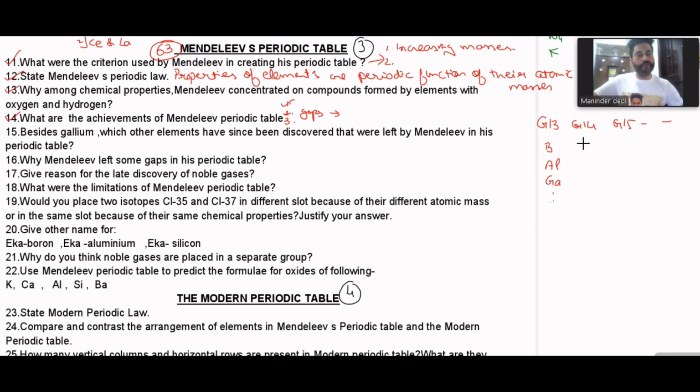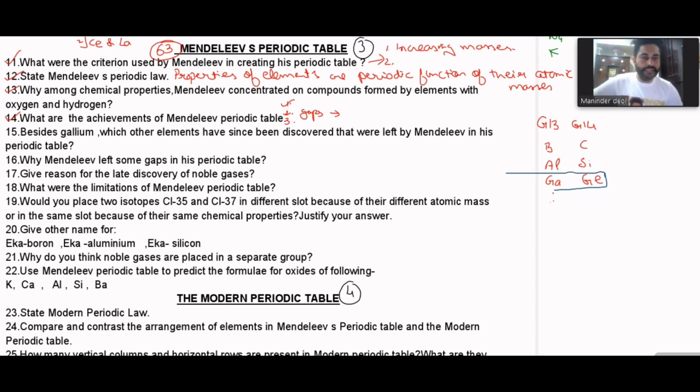Now group number 14: carbon, silicon, and germanium, and group number 15 is nitrogen, phosphorus, and arsenic. So which elements were discovered later? You can do it from here only. So germanium, you can start from here, no need to write the elements for group number 15. Group number 13 and 14 are sufficient.